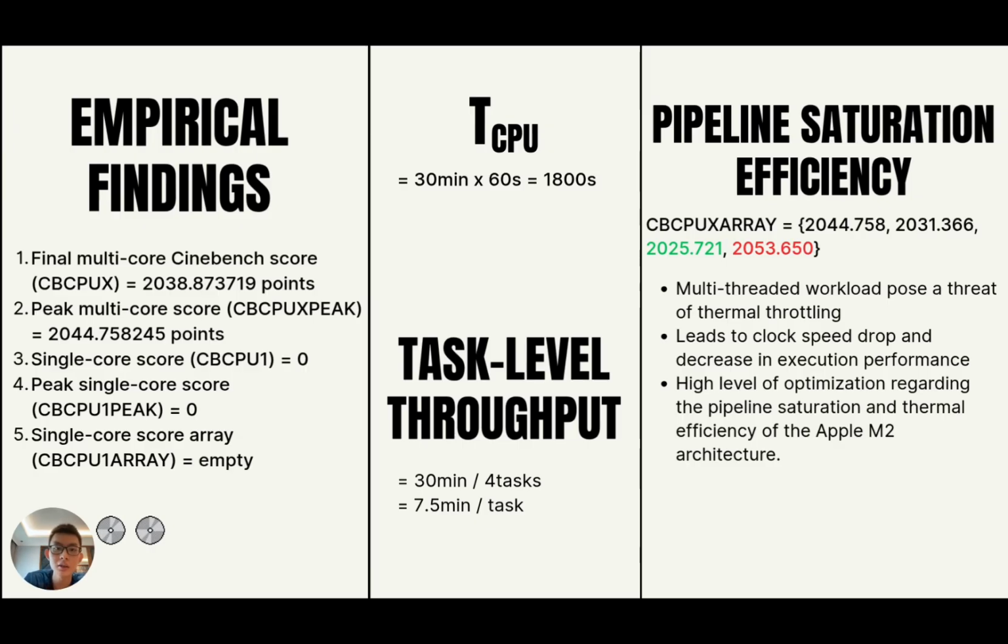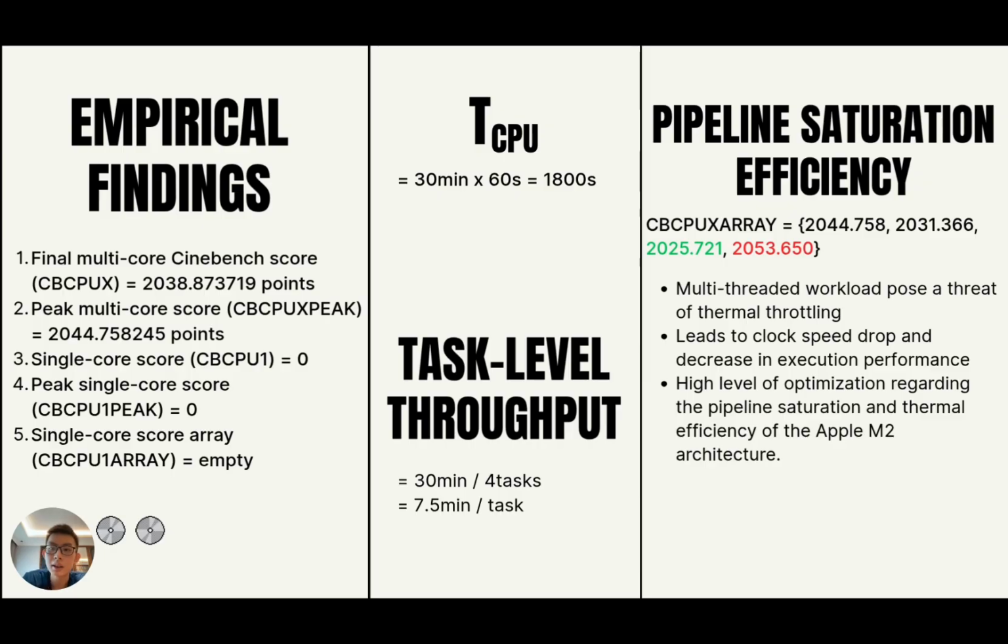So things to take note is that the CPU execution time TCPU ran for a total of 1800 seconds, which is the 30-minute test stability time with 60 seconds.